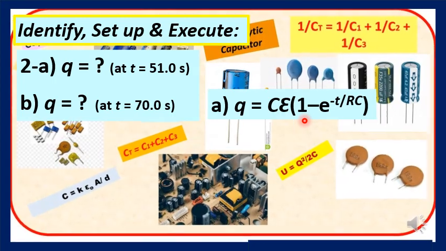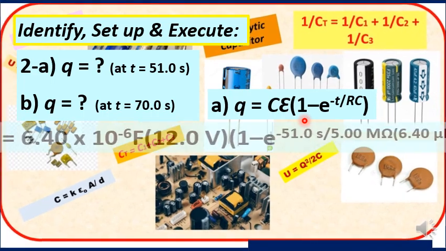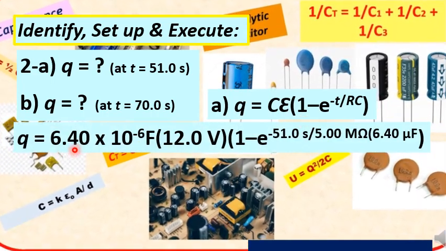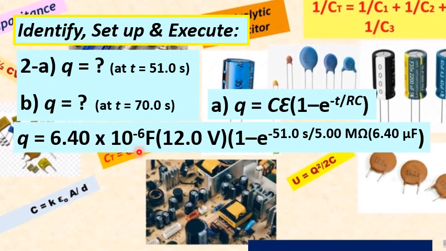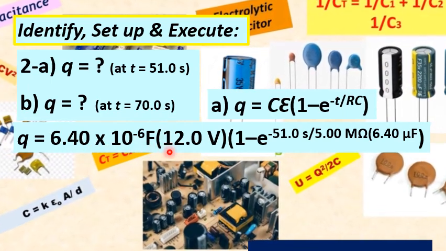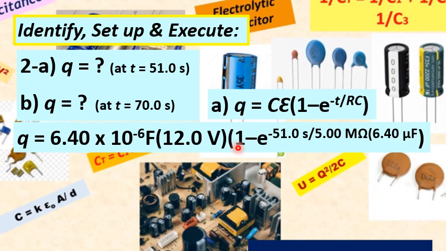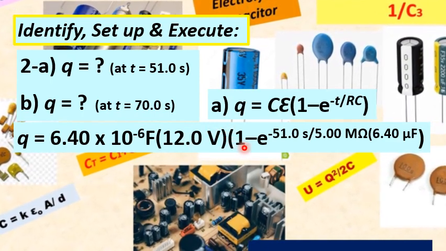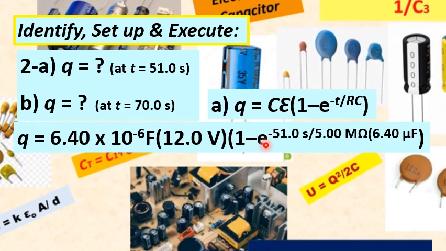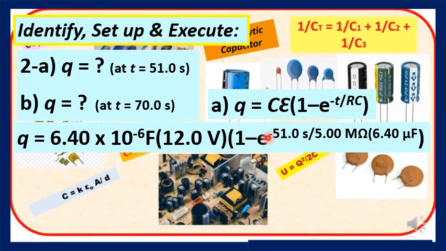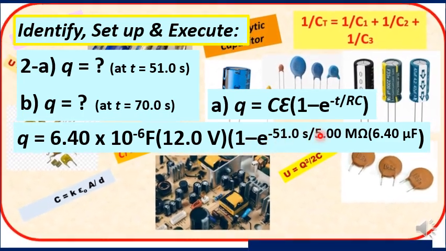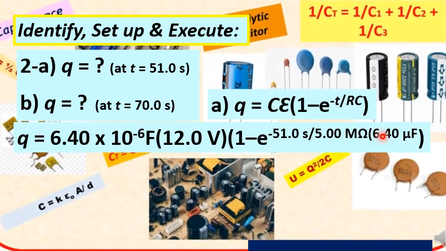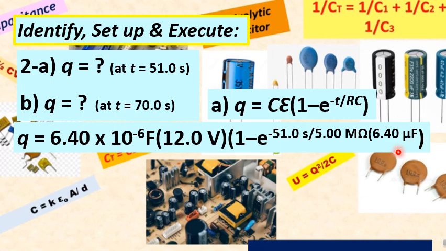So, plugging in the data, small q equals 6.40 times 10 to the negative 6 farad times 12.0 volts. This is multiplied by the quantity 1 minus Euler's number raised to the power negative 51.0 seconds over 5.00 mega ohm times 6.40 microfarad.